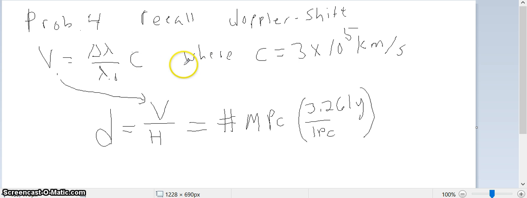The typical thing that we do is to use the speed of light in kilometers per second. So 3 times 10 to the fifth kilometers per second is the typical value that we use.